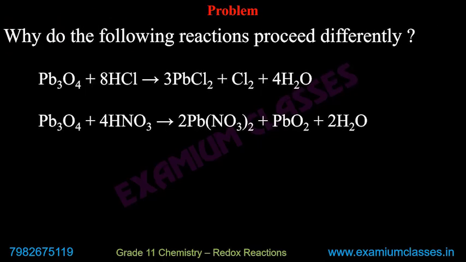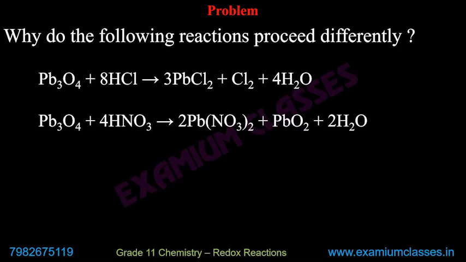So there is a question. First I am doing a question to make you understand why the mixture can lead to different types of reactions. Due to mixture the reactions can be different. So the question is, why do the following reactions proceed differently?